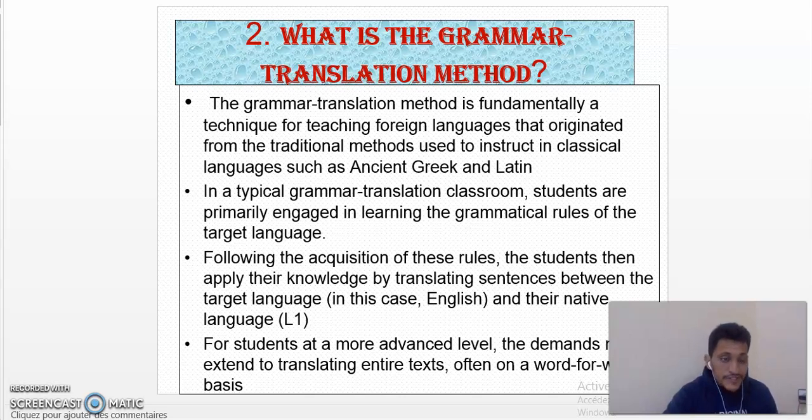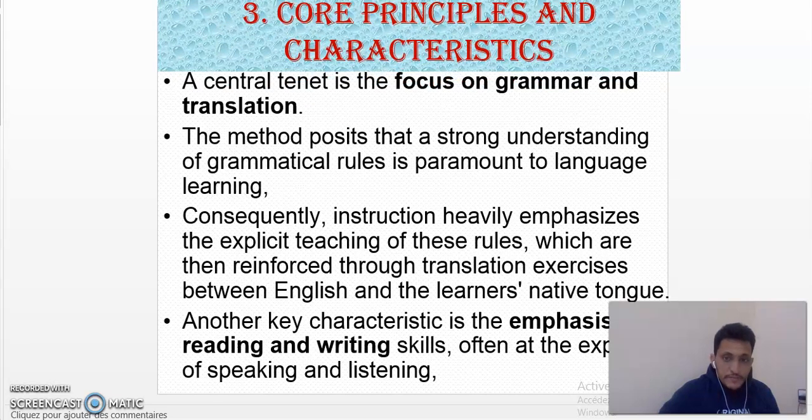Now we are going to see its core principles and characteristics. One of the principles is the focus on grammar and translation.